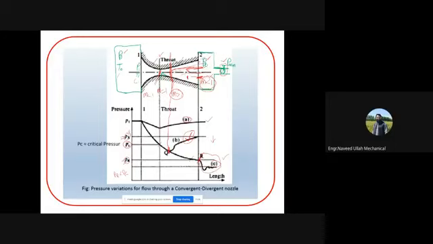By varying this back pressure. So we are decreasing the back pressure, and you will see that by decreasing the back pressure there is a back pressure value where you can locate this shock wave away from or out of this nozzle.